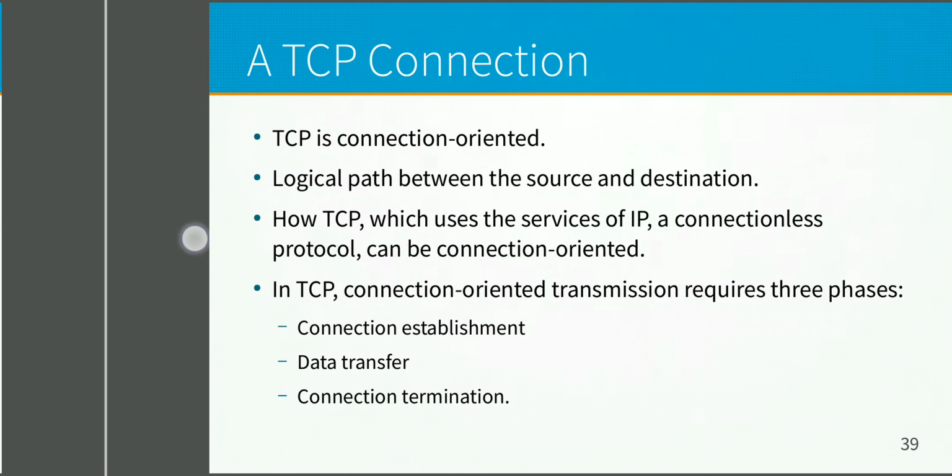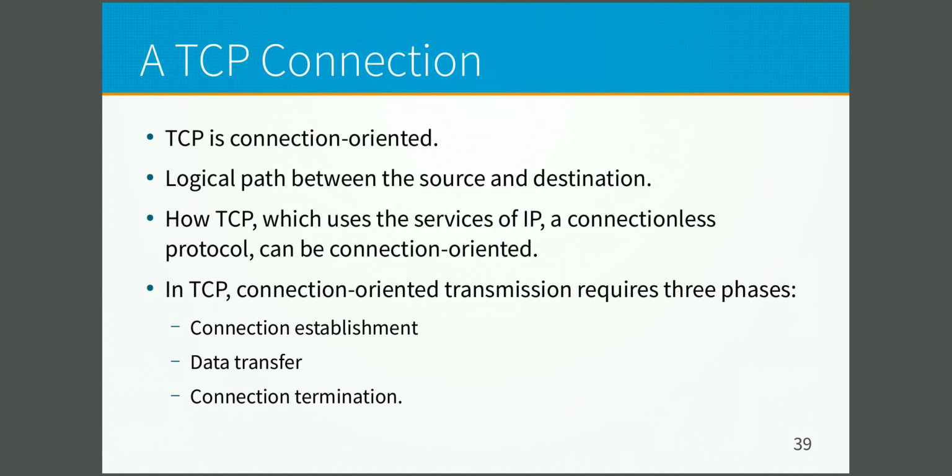Once we know the structure of a TCP segment, now we will see how a TCP connection is established, data is transferred, and then finally terminated. If we contrast TCP with UDP, TCP is connection oriented, whereas UDP is connectionless.